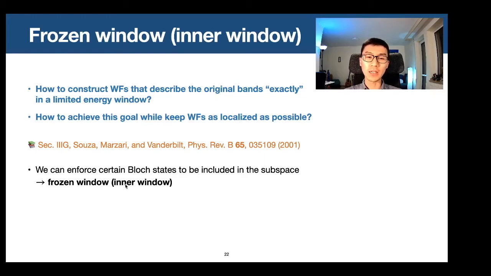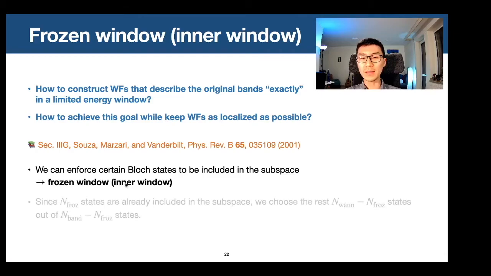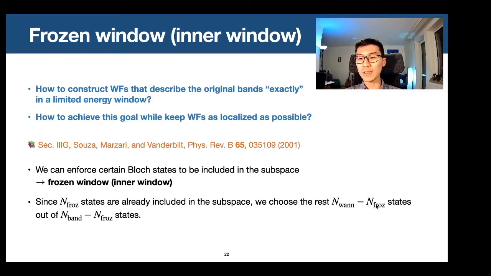Sometimes it's also called the inner window because it's within the outer window spanned by the Bloch functions. Once we include these Bloch states into our subspace, because we have n frozen states already included, we are now free to choose the rest of the Wannier states out of the rest of the Bloch functions.